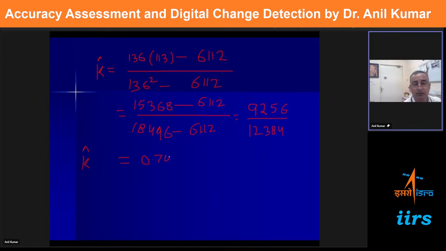I'm just considering up to 2 decimals. It is not in percentage. This will be in decimals only, a 0 to 1 value. So this is the kappa coefficient.